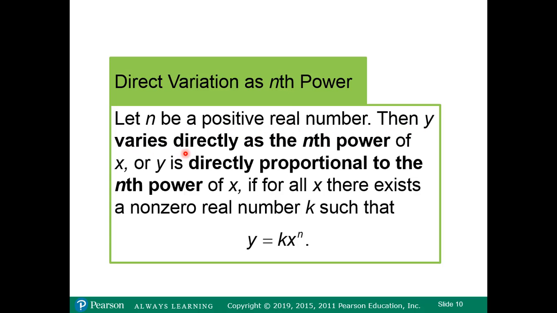Then y varies directly as the nth power of x, or y is directly proportional to the nth power of x, if for all x there exists a non-zero real number k such that y equals k times that power.